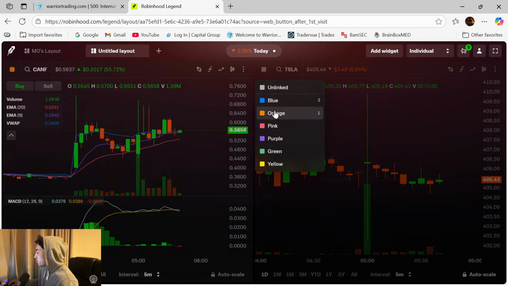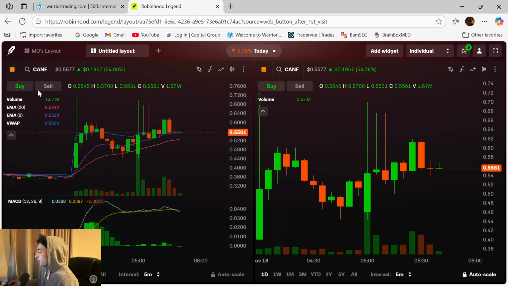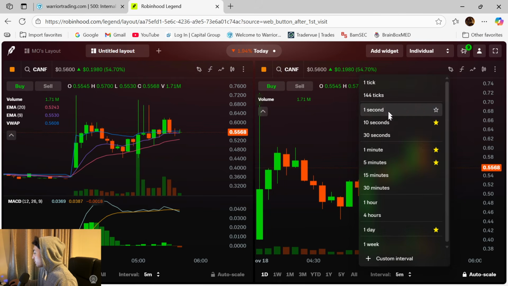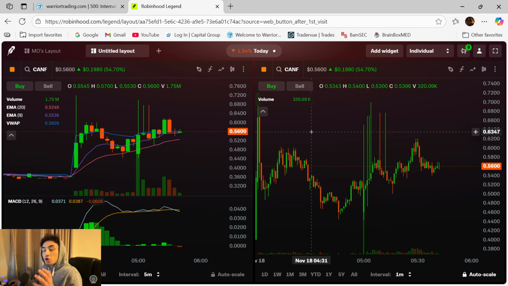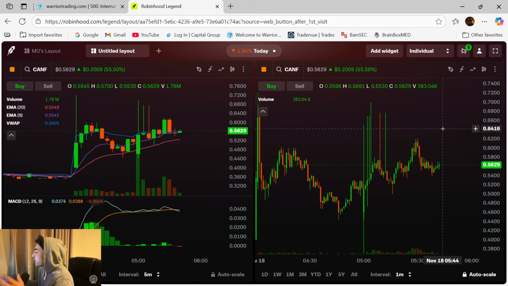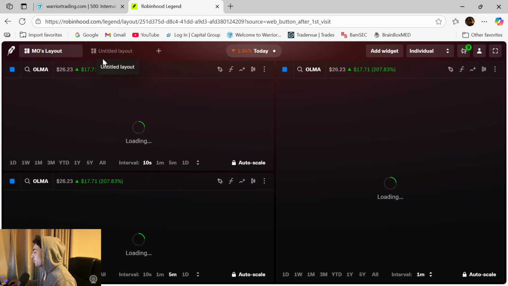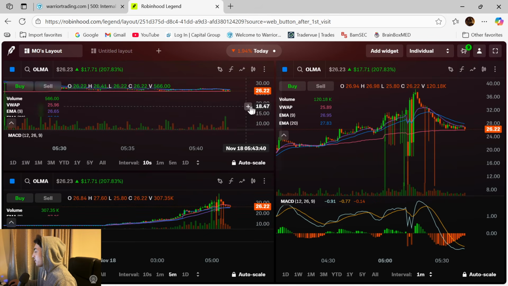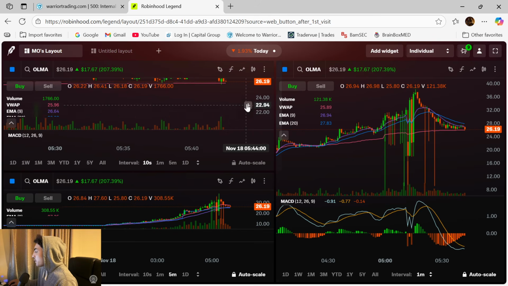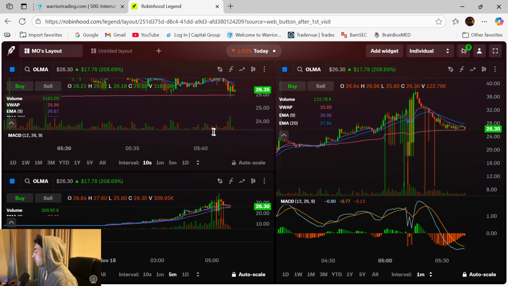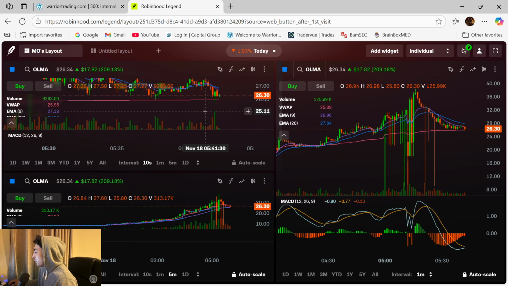It'll transfer over to the stock that you're on, but it won't really transfer everything you just added. But once you add it once, it'll stay on there and it won't go away. So that's the only downside to Robinhood Legend.